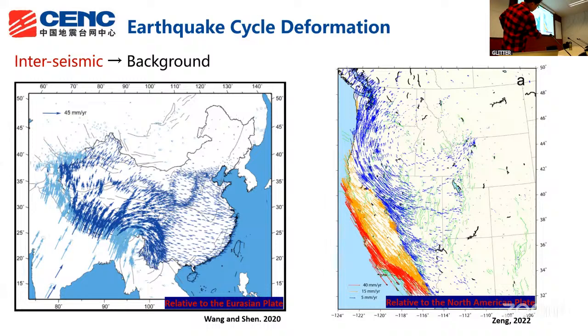Also for Western America, we can see clockwise rotation very clearly, but the magnitude is much smaller than here.